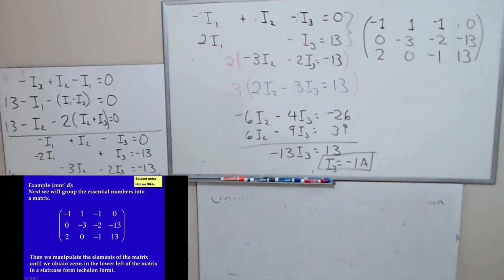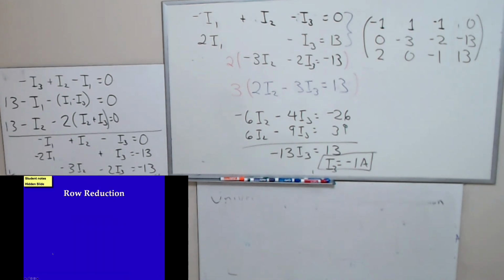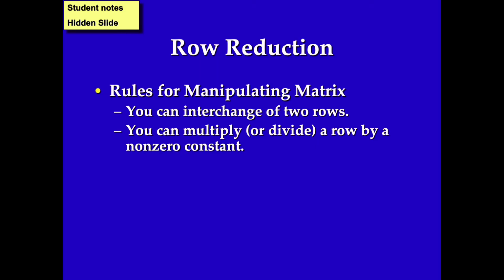So the idea is you can manipulate the rows just like you would when you solve by multiplying equations and adding them. You arrange the coefficients in terms of a matrix, and you can interchange two rows. You can multiply or divide a row by a non-zero constant.